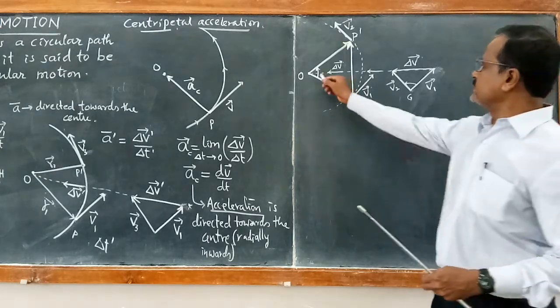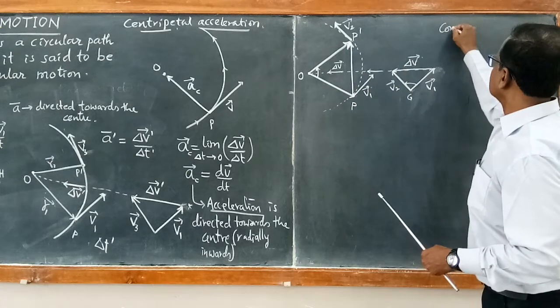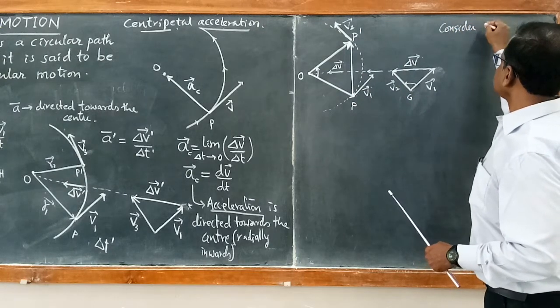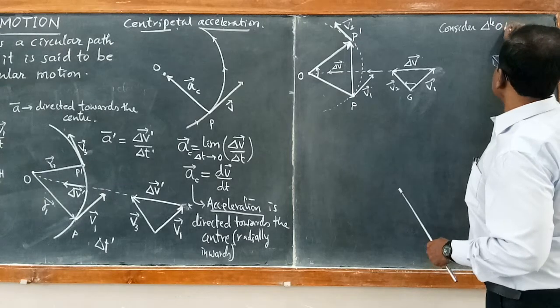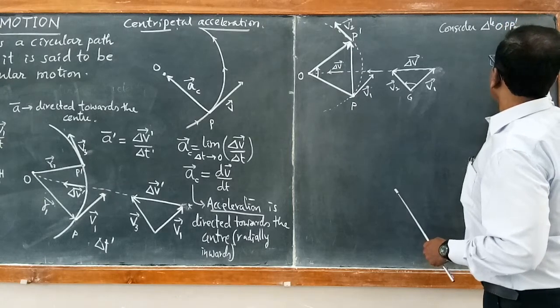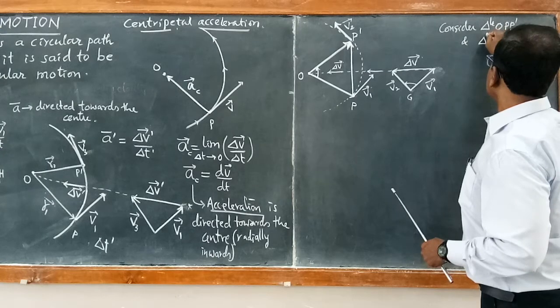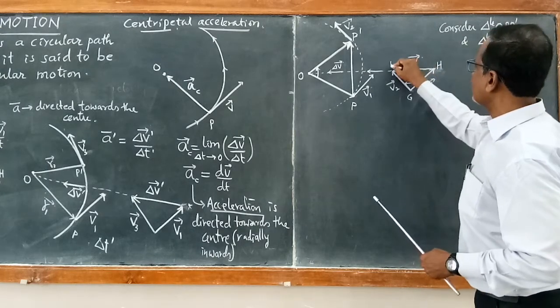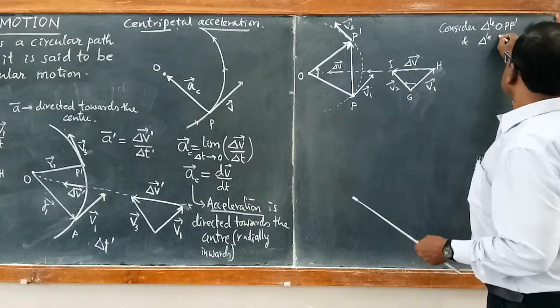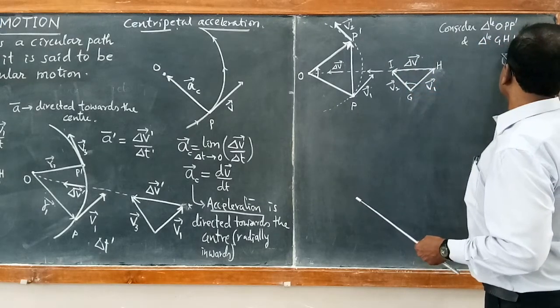Now consider these two triangles, triangles OPP dash and triangle GHI.